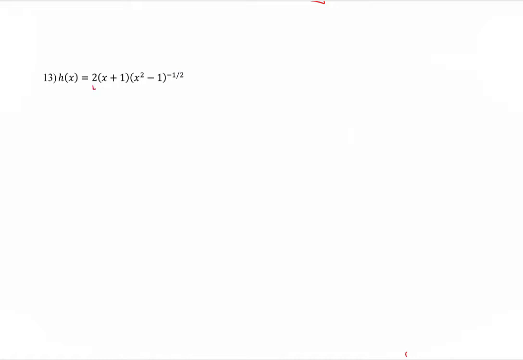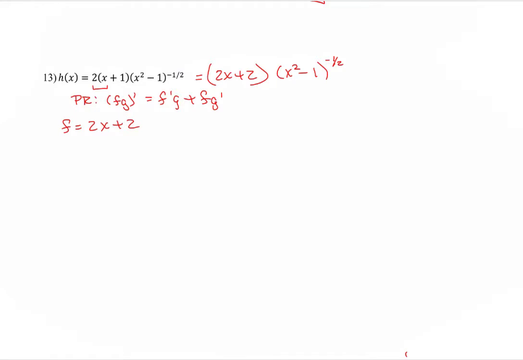All right, so let's multiply the 2 through. So what I have is (2x plus 2) times (x squared minus 1) to the negative 1/2. Okay? So now I'm going to have to use the product rule. The product rule says (fg) prime equals f prime g plus f g prime. So f equals 2x plus 2, and f prime equals 2, and g equals (x squared minus 1) to the negative 1/2.